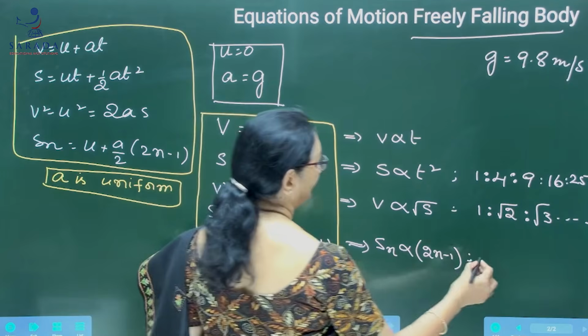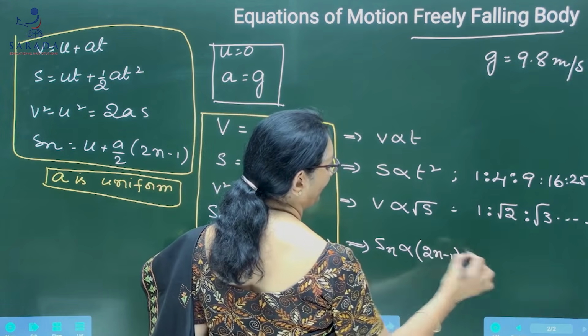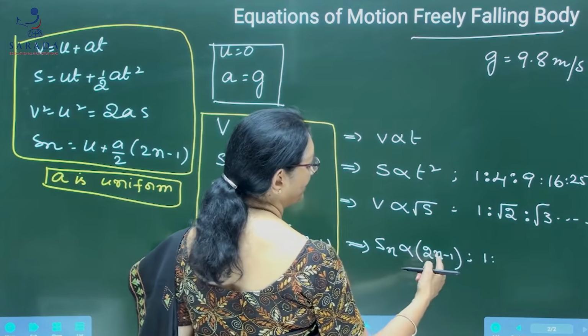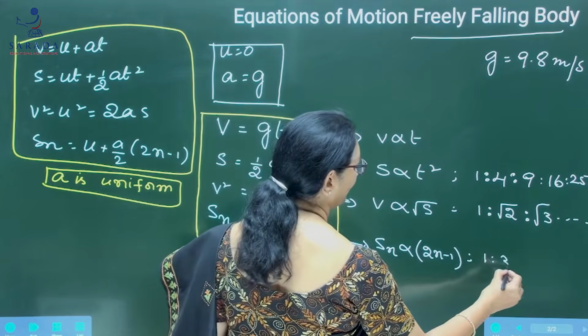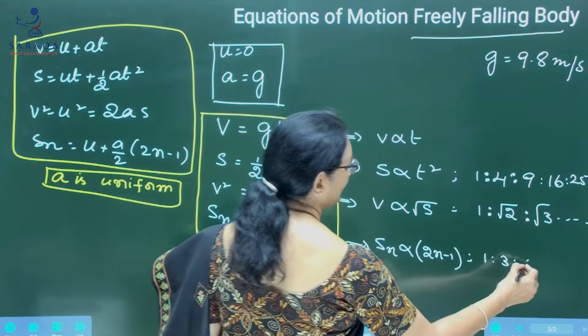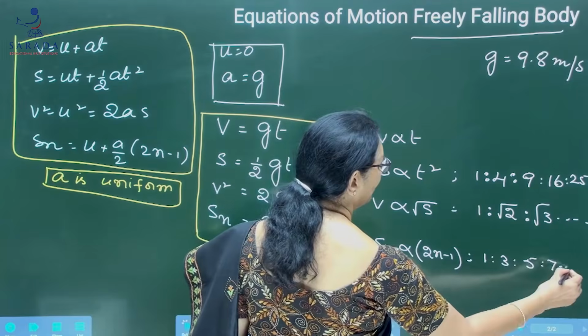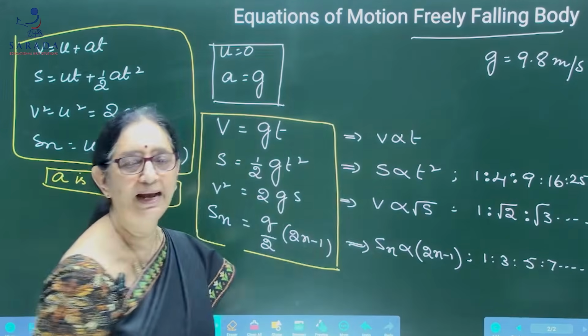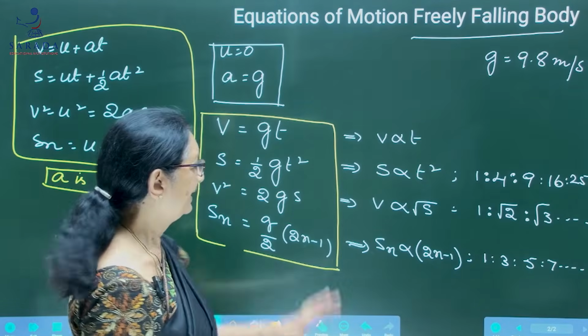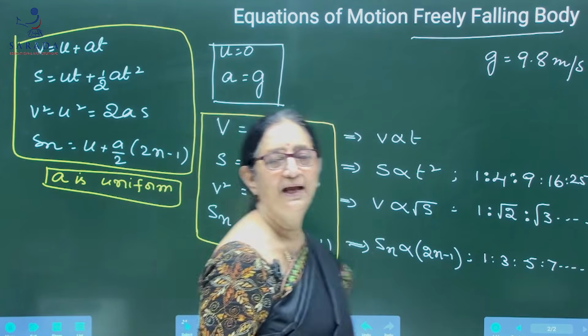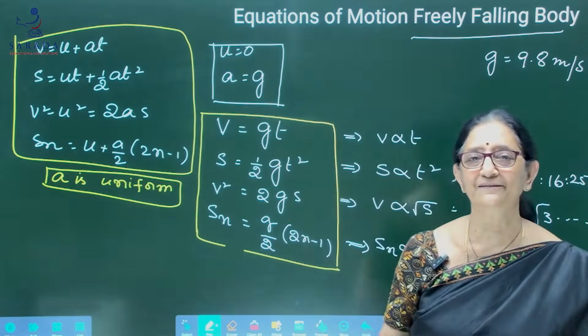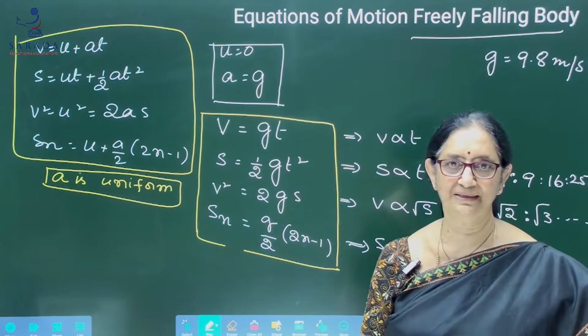See here, if you take n as 1, 2 minus 1 is 1. n as 2, 2 twos are 4 minus 1, 3. n as 3, it is 5. 1 is to 3 is to 5 is to 7, and so on. Okay, that is the ratio of displacements in successive equal time intervals.